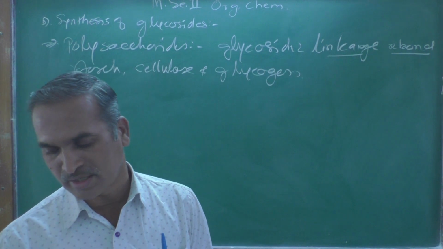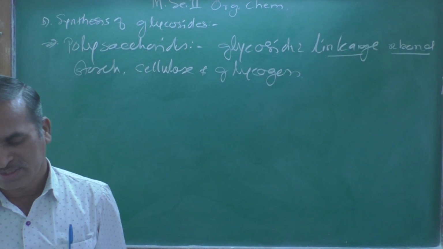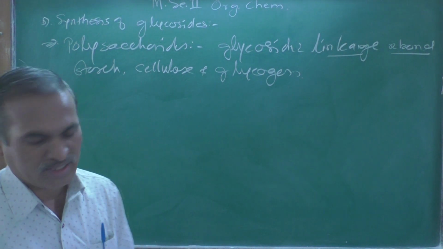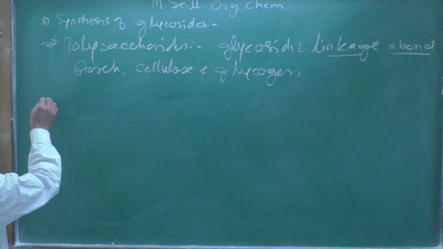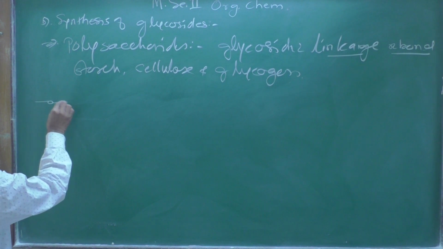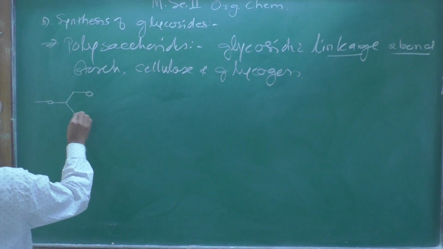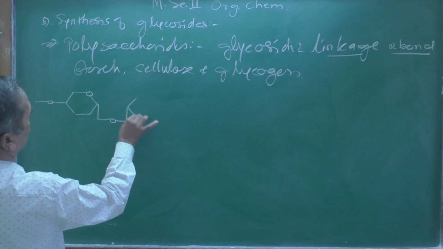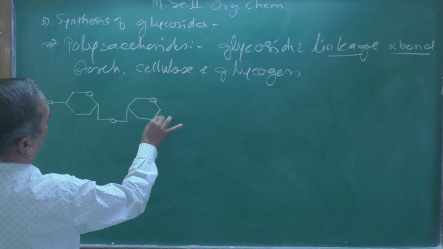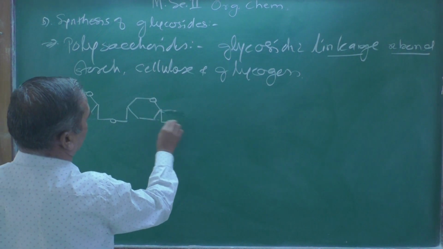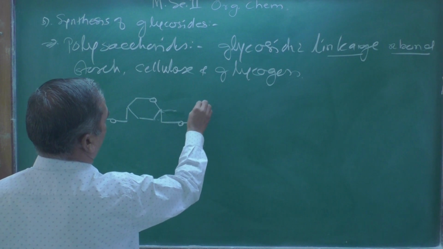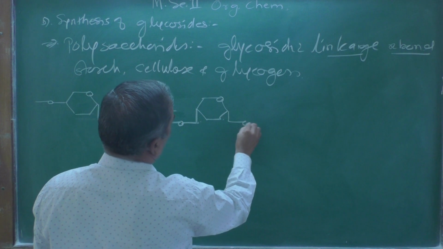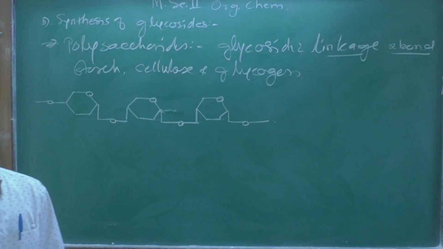Let us see some of the structure of starch, how starch is present. Let us see one structure I am drawing here. I will explain later why I am showing this type of structure.